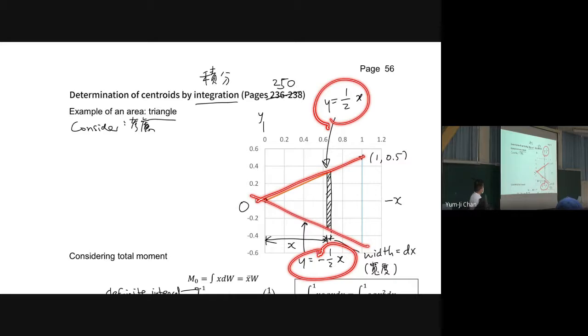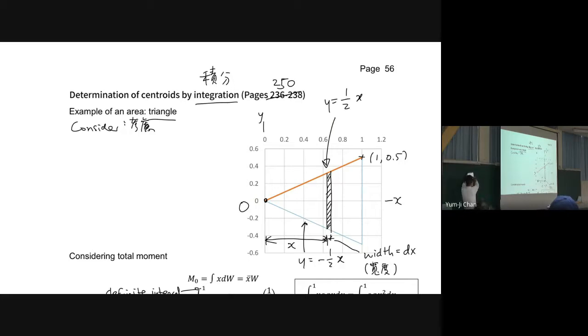So let's say this triangle is put on the wall, and we have a nail here, and we fix it at point O, and this is on the wall. Okay, it is on the wall, and we fix it at point O. Now, for this triangle, we consider one stripe here.